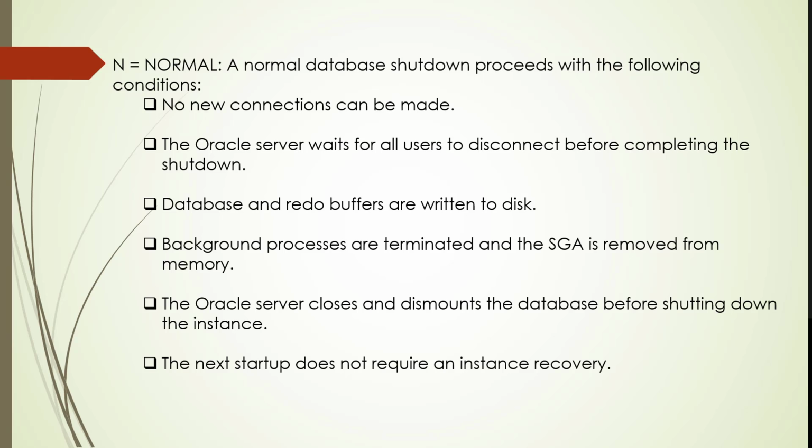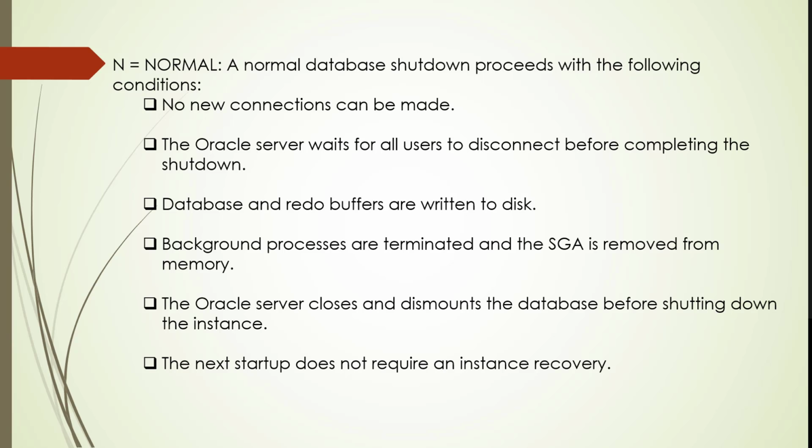In normal mode, a normal database shutdown proceeds with the following conditions. No new connections can be made. The Oracle server waits for all users to disconnect before completing the shutdown.